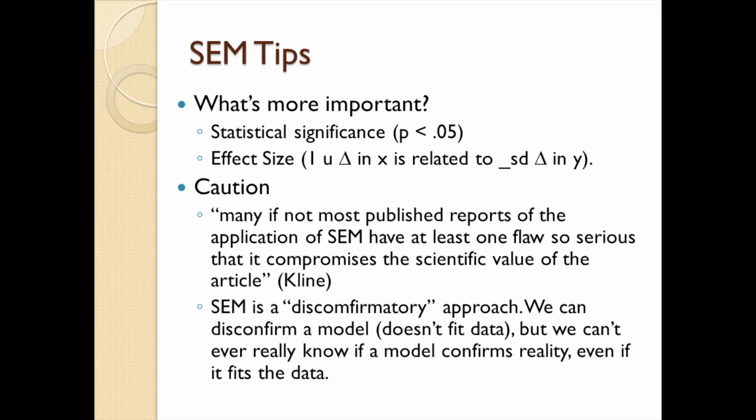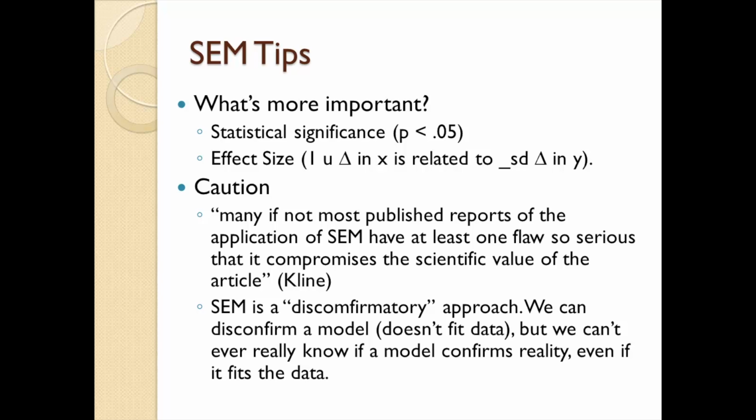Okay, so what is more important when we are using statistics? Is it more important that we find statistical significance, or that the effect size of, say, X predicting Y is of a significant level, or large enough to mean something meaningful?